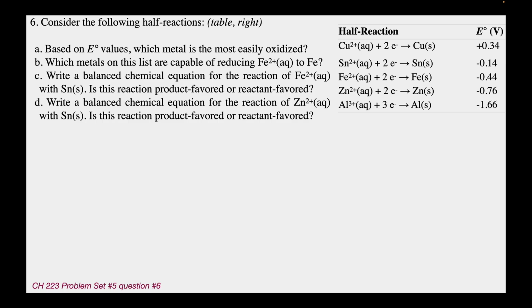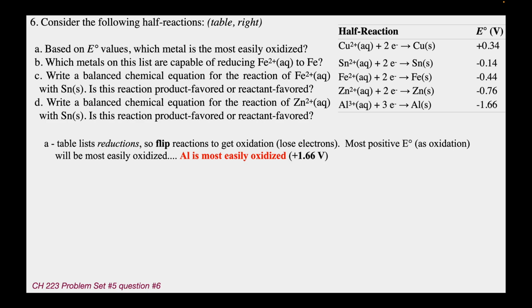So what we want on this question is the most positive oxidation value possible. That's going to be the metal which is most easily oxidized. And if you flip all of those around, you can see that aluminum will be most easily oxidized, because what was a minus 1.66 volts will become a positive 1.66 volts.